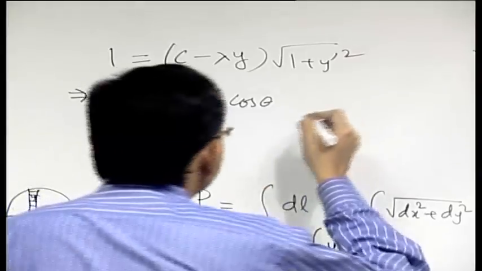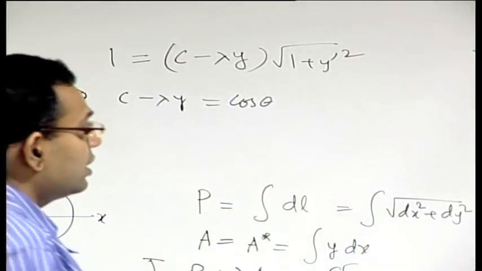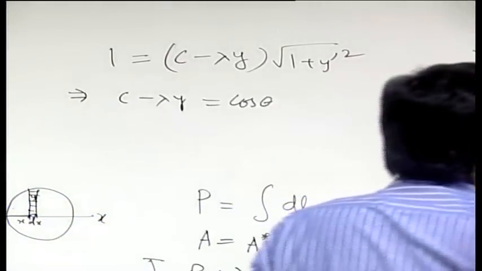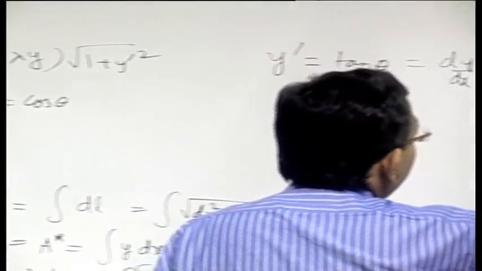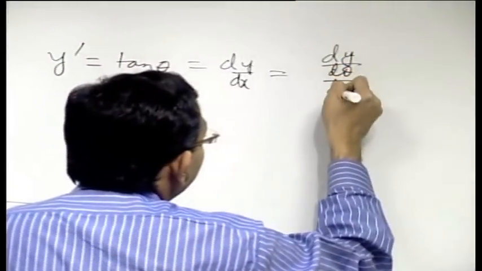So that means you get an expression for cos theta. Similarly, you can write dy dx as dy d theta by dx d theta.